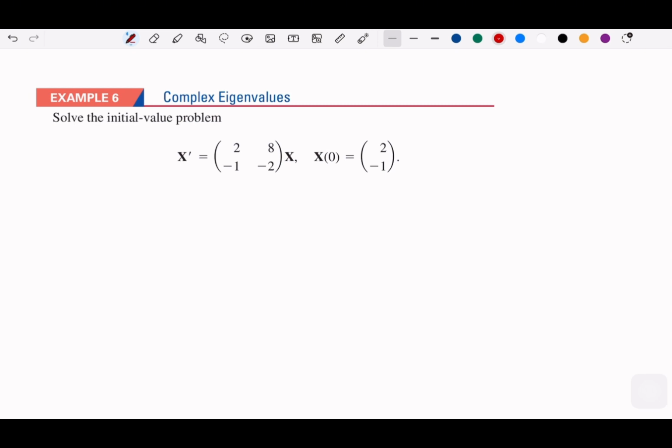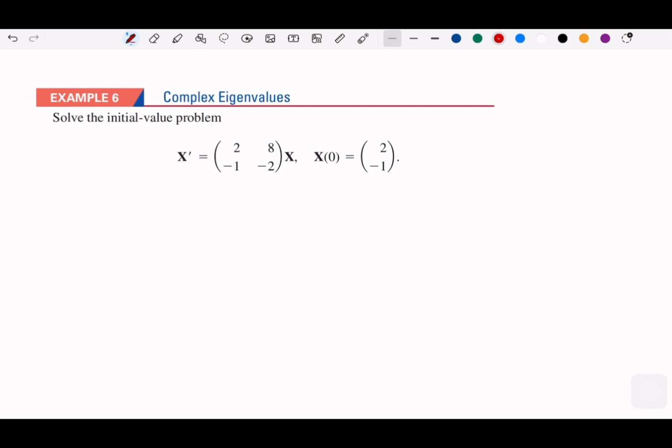If it were 3 by 3, you would need more time to calculate. Mostly in the exam I will use 2 by 2, just to have you focus more on the details, not the calculation process.